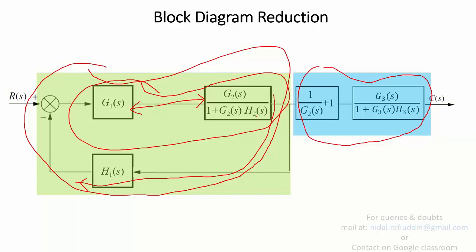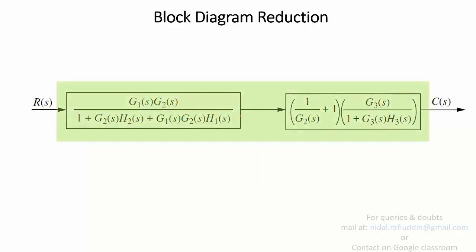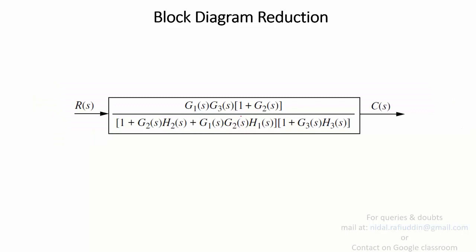So now the reduced representation looks something like this. Now again, these two blocks are in cascade or series, so the first rule applies where you will be multiplying the gains of each of these blocks to get the final transfer function of the system. So this is the required transfer function of the system, which is shown by example 1.